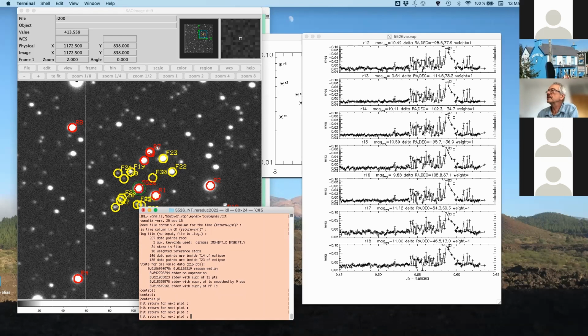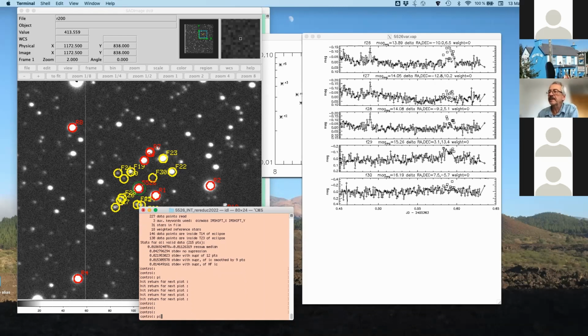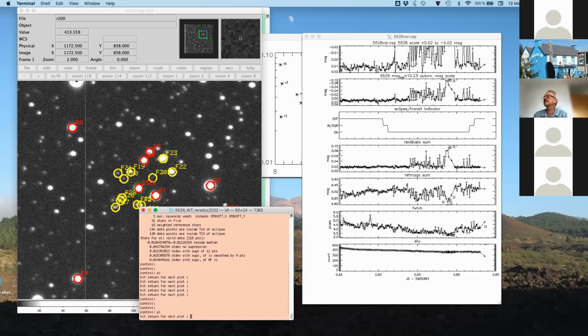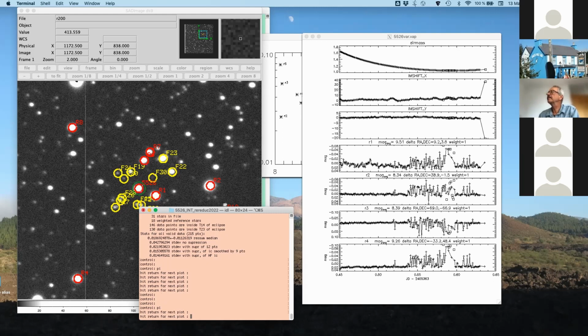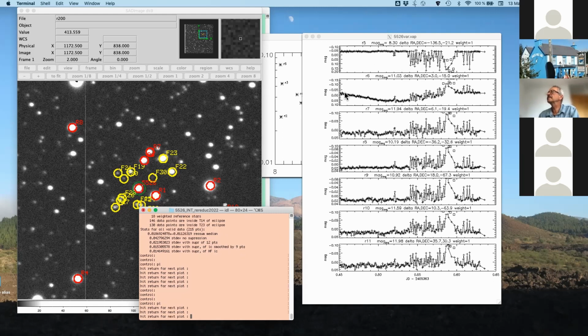One minor issue that's still to contemplate is the position of the ephemeris. Here we see the predicted transit should have happened there. However, if we look now at this one, it's not as nicely visible because I restarted it and the weighting has been reset, so all stars are weighted.